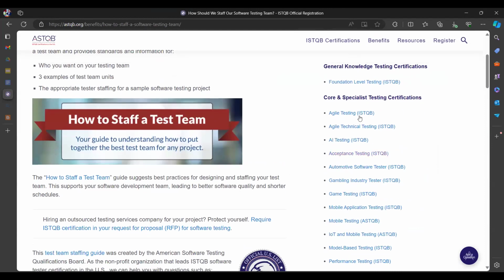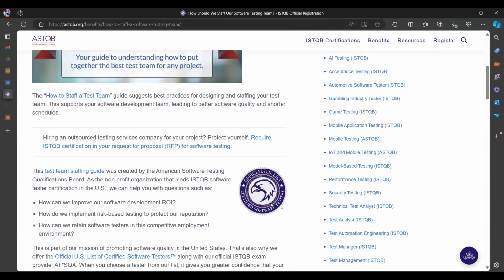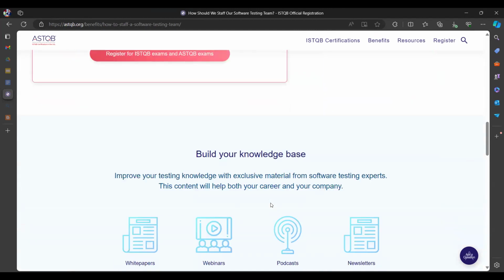And on the right-hand side here, lots of testing specifications. Say, for example, if you want to become a game tester, what do you need to do? Or you want to become a mobile application tester, what do you need to do? So it's a global qualification, by the way.